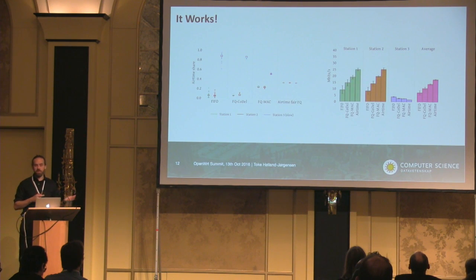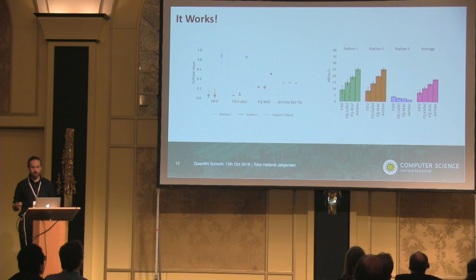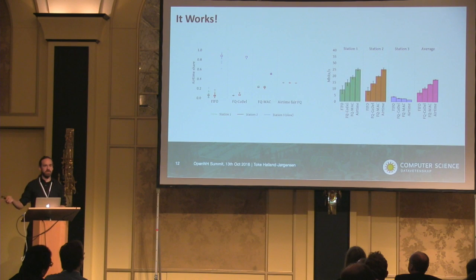But the interesting part here is actually the graph on the right-hand side. You can see what happens with the throughput. The first 3 columns are the 3 stations, and then on the right you can see the average. If you look at the average first, you can see that the average throughput, which means also the total throughput for the network, goes up by about a factor of 2 or 3 in this case. I think this is a simple TCP, one TCP transfer to each of the stations.